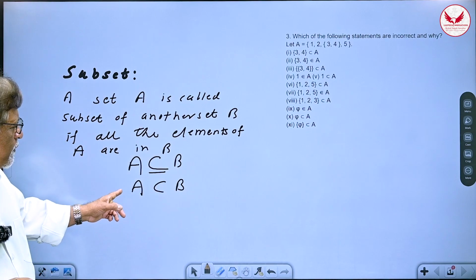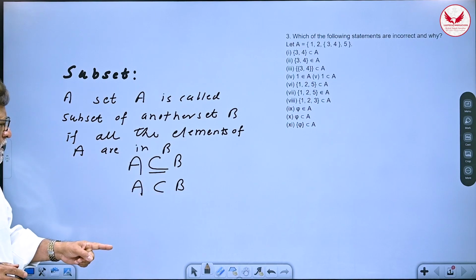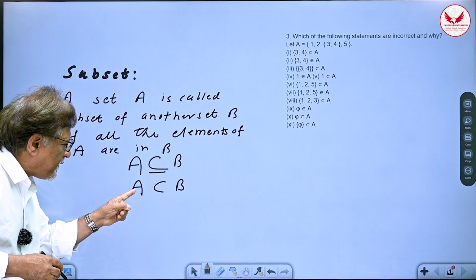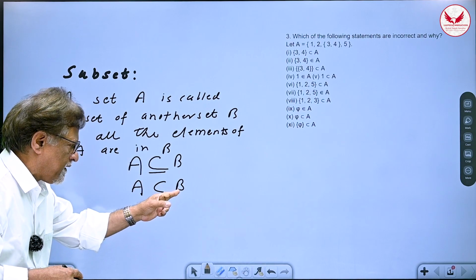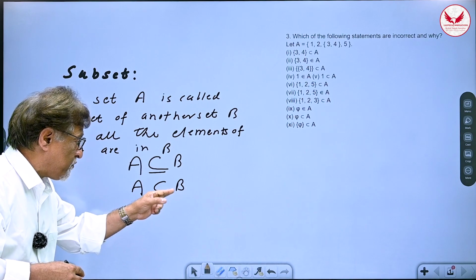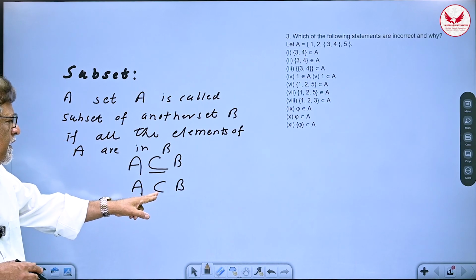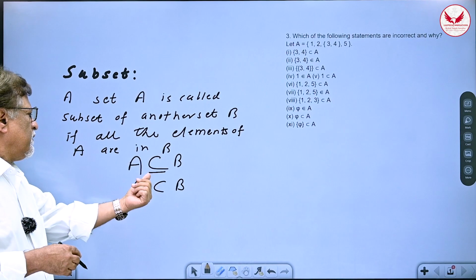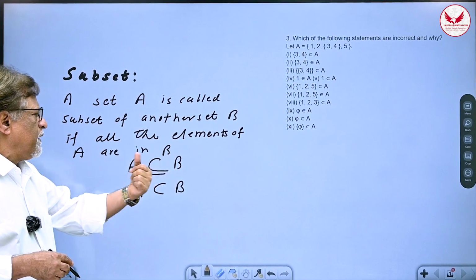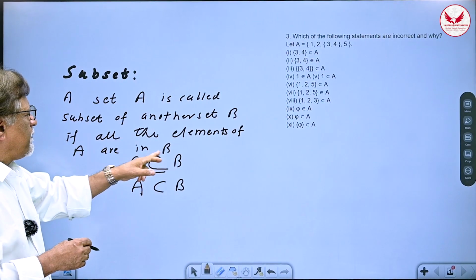Now, in order to be able to write this, I must ensure that all the elements of A are in B and there is an element in B which is extra, which is not in A. Then it will be strict inequality. Otherwise, it will be less than or equal to. When I am not sure whether there exists any element in B which is not in A, then I will be writing this.